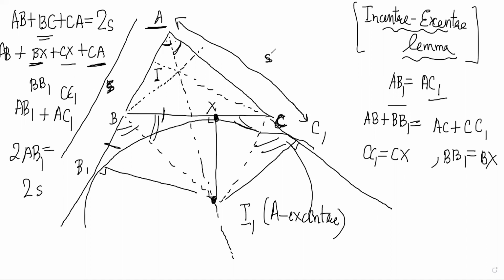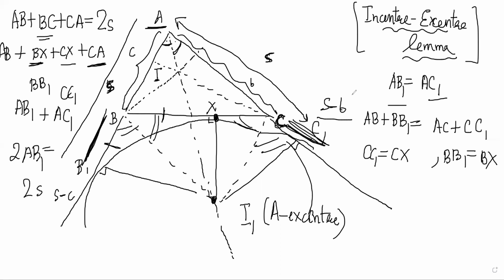And this is also S then, right? Since we know that this side is called c and this side is called b, this much is coming out to be S minus c, and this much, CC1, is coming out to be S minus b. So then we know that BX is S minus c and CX is S minus b.